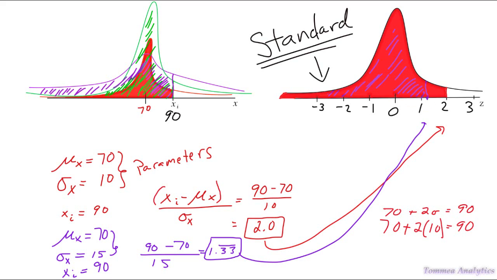Now I just want to make a note on notation. You might see the z-score calculation represented like this. Now the problem with this notation is that it's not clearly referencing the variable that you're dealing with.